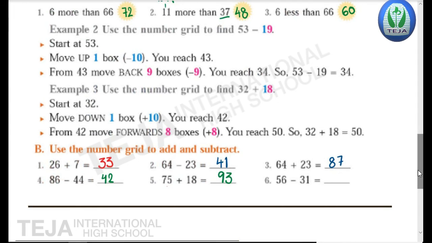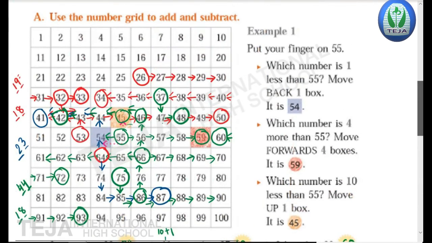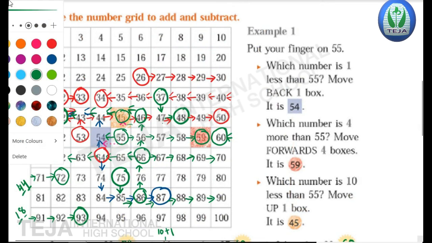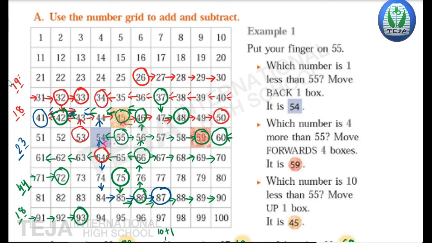Then the last question, 56 minus 31. The bigger number is 56. So draw a circle around 56. From that you subtract 31. So 31 means in tens place 3 is there.